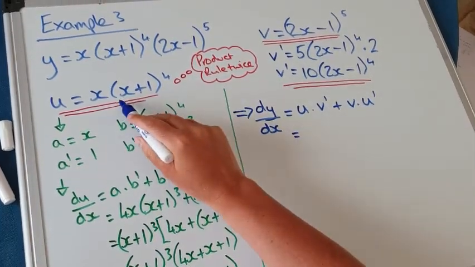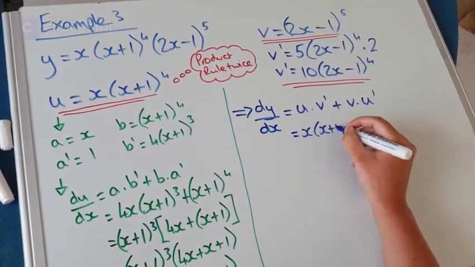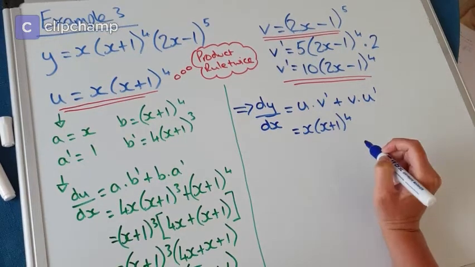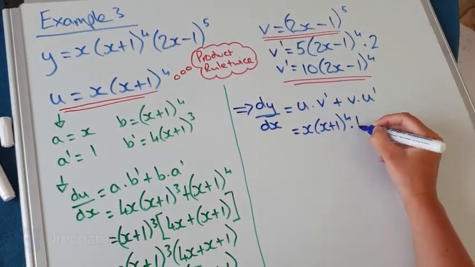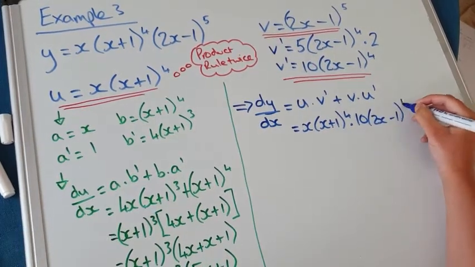So u is x bracket x plus 1 to the 4 times v dashed, which is this, 10 times 2x minus 1 to the 4.